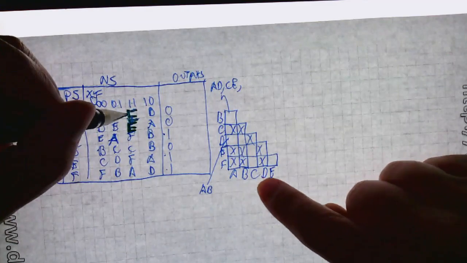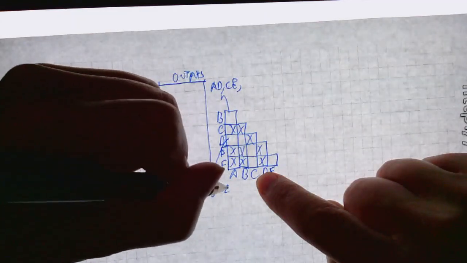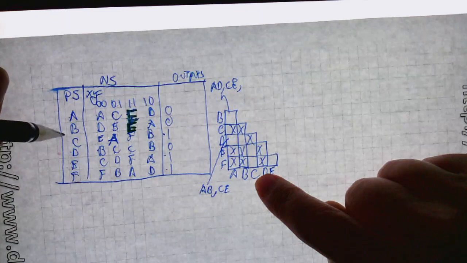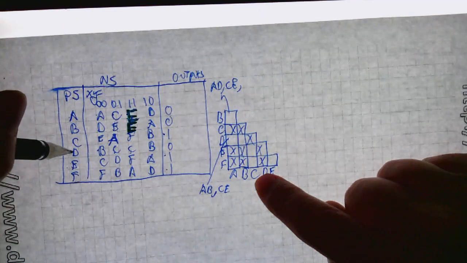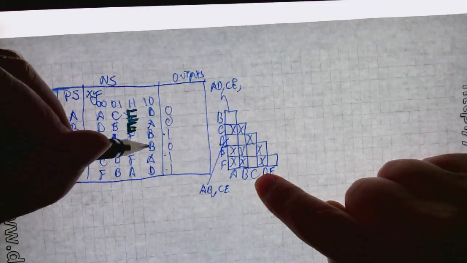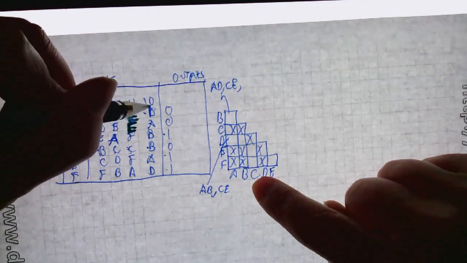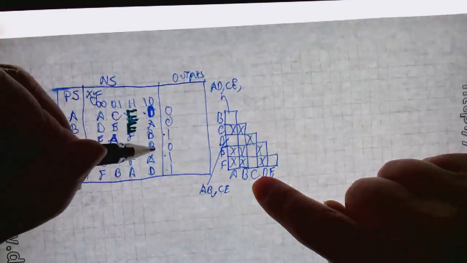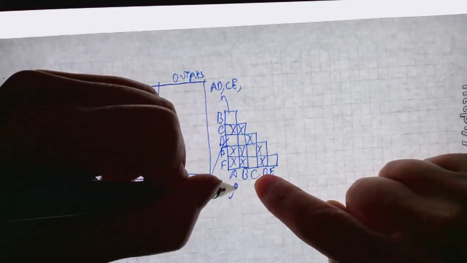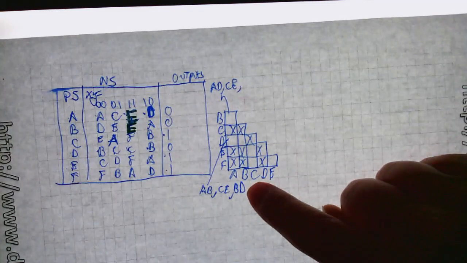If C is equal to E, A is equal to D if C is equal to E, and if B is equal to D. That's a D right there. So we've got a bunch of conditionals there on A and D.